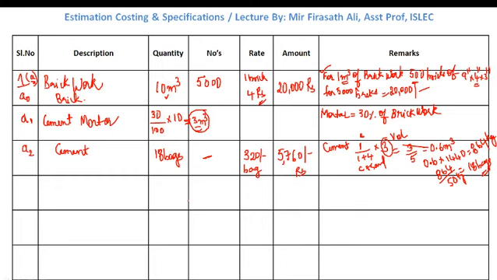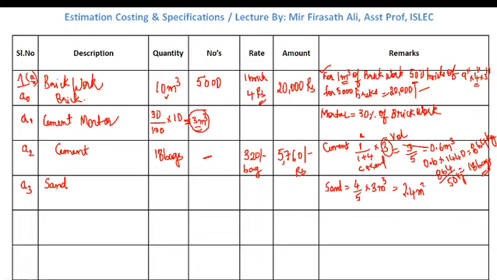Now similarly, what do we need to find out? The quantity of sand, A3. Sand is 4 by 5 into volume, 3 meter cube. 4 by 5 into 3 is approximately 2.4 meter cube.